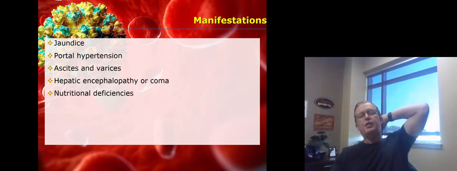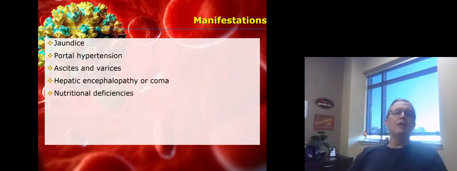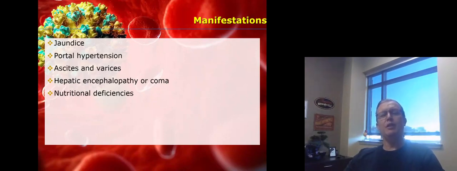So ascites is the accumulation of fluid in the abdomen, usually as a result of liver failure. This excess fluid, as a part of the plasma that's backed up in the portal system, looks for a place to go. So it looks for a place of lower pressure. And as well, the proteins that are trying to move to the liver don't have an outlet to be metabolized.